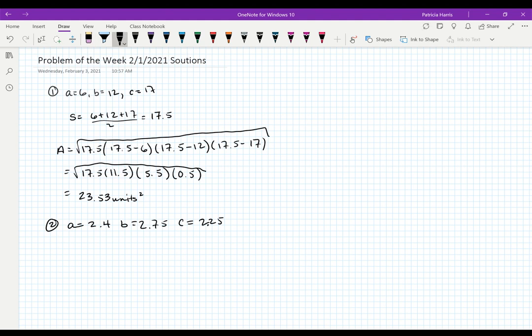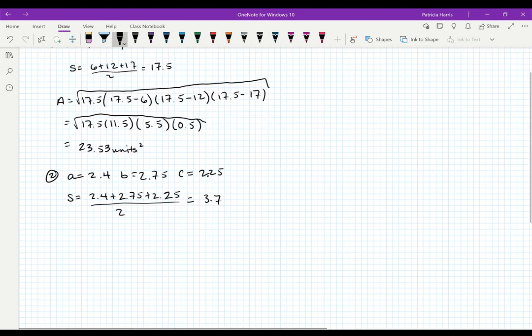Okay, there we go. So semi-perimeter. Divide by 2.